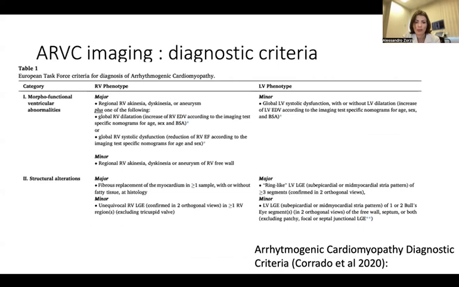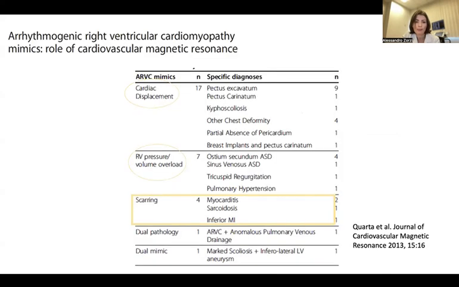About the right ventricular phenotype, we have some diagnostic criteria relying on imaging, and cardiac magnetic resonance is really important to help you in this context. But there are some mimics of arrhythmogenic right ventricular cardiomyopathy. How? Because the right ventricle could be not normal, but not necessarily affected by ARVC.